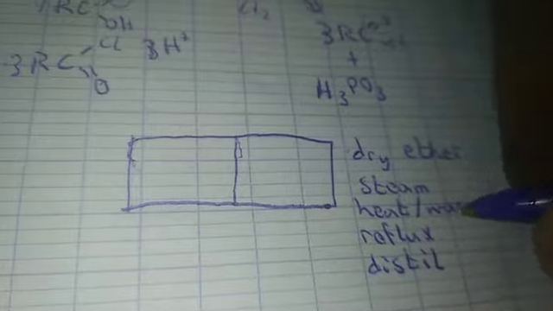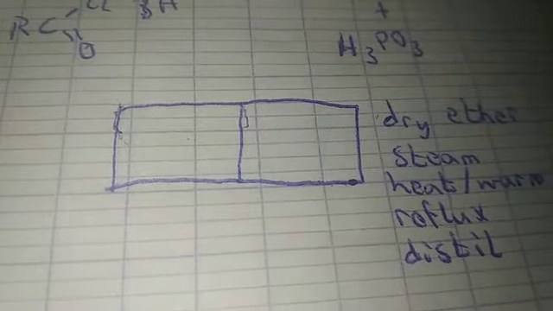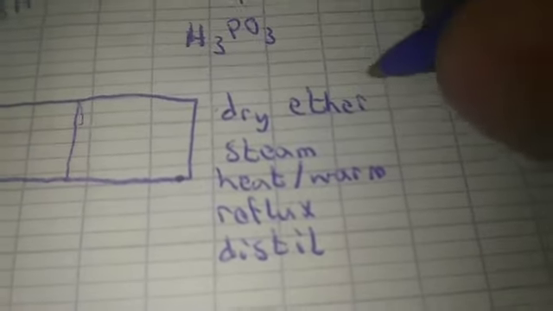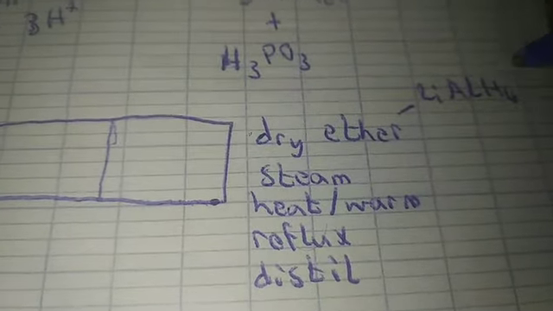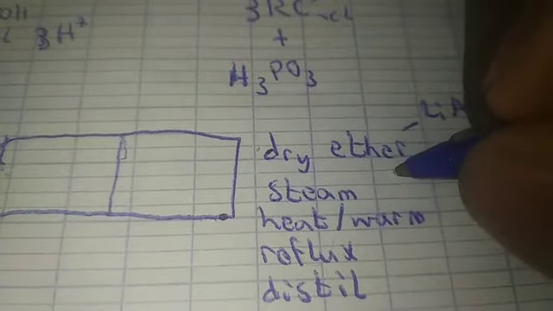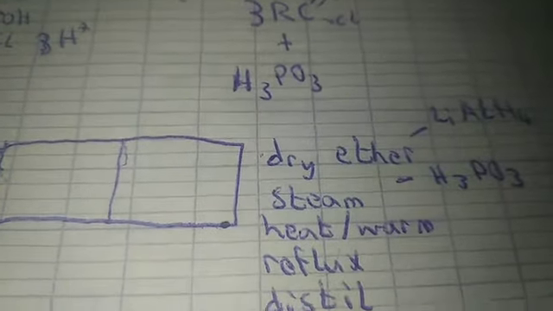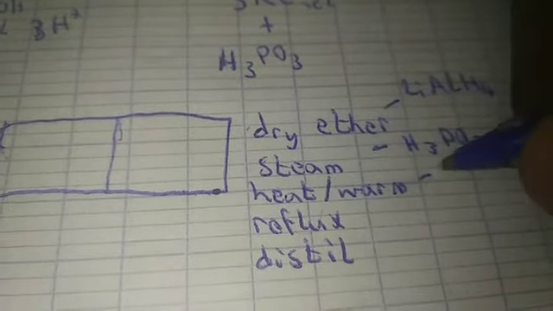These are pretty much the basic and the only ones presently at our level of reaction conditions. So this dry ether is for lithium aluminum hydride or sodium hydride. Steam is from hypochlorous acid, remember the dehydration reaction. Heat and warm is basically for the halogens.